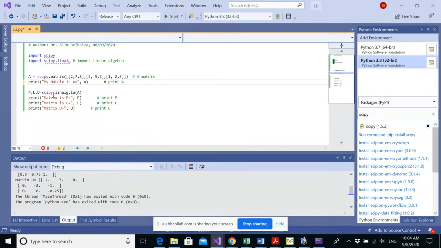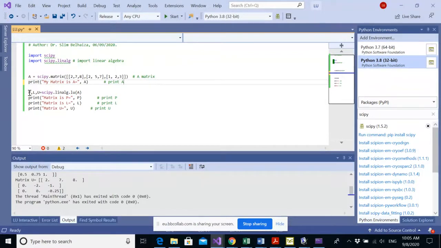Then I use the function LU, which belongs to the linear algebra package in SciPy. When I do LU of A, it must give me the LU elimination, or the LU factorization of A. It returns 3 objects. First, a matrix P, which I'll talk about a little in the next slide, is a kind of permutation matrix.